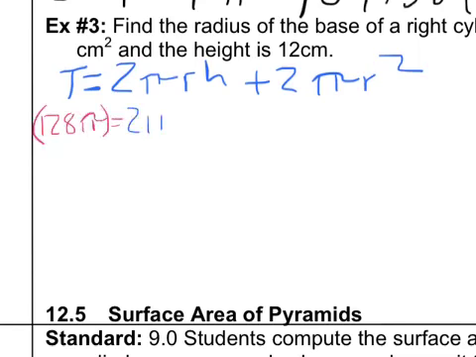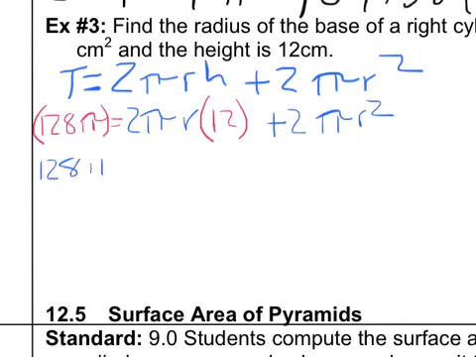And that equals 2 pi r. We're also going to plug in the h, which we know is 12, plus 2 pi r squared. We could simplify this all a little bit. The 128 pi, nothing really happens to that, so we just leave it as 128 pi. 2 times 12, though, that's 24 pi r plus 2 pi r squared.